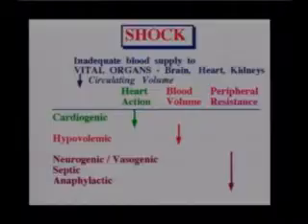Now suppose that your patient was in neurogenic or vasogenic or septic or anaphylactic shock. The problem in these types of shock is that there is not enough peripheral resistance. You need to have enough peripheral resistance to keep the blood vessels constricted, to keep the blood flowing to the brain, the heart, and the kidneys.